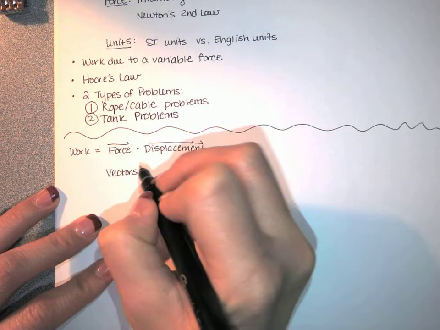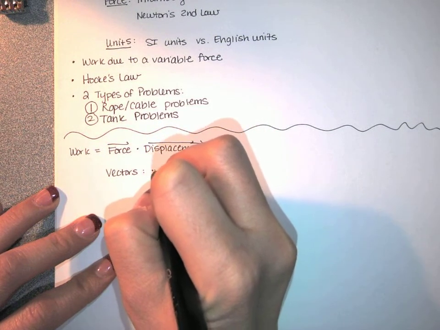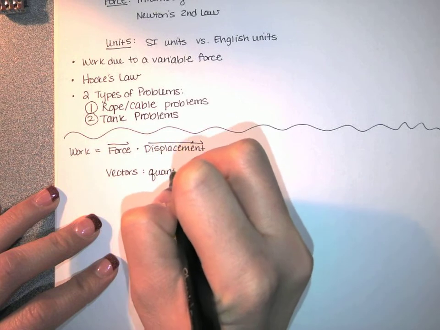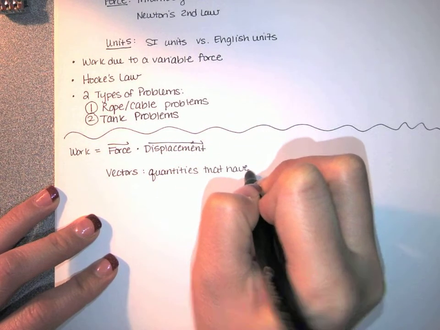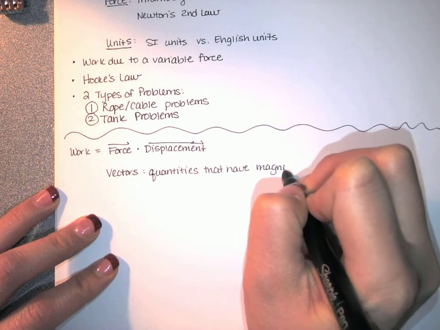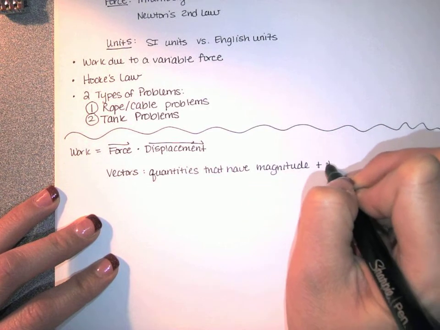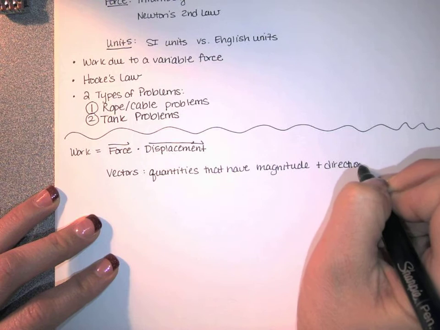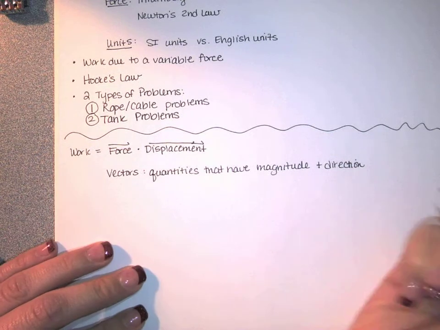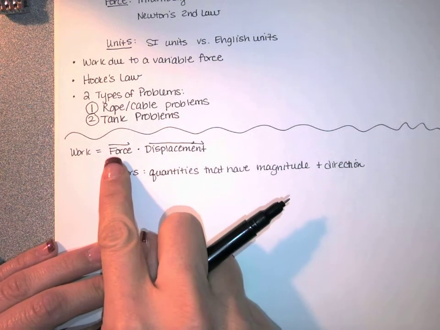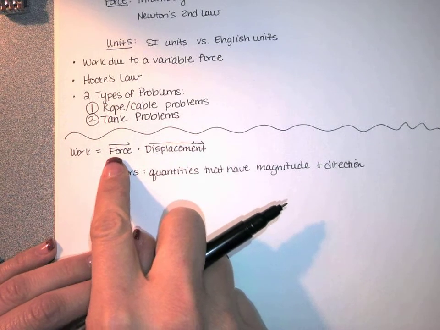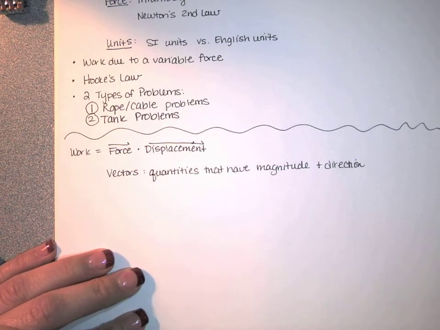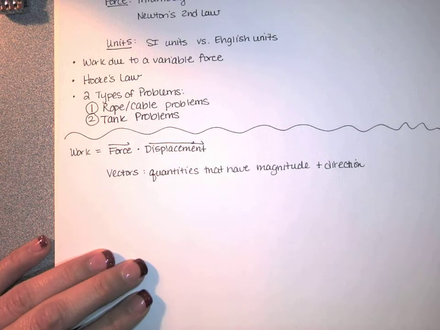They have magnitude and direction. Because if I'm taking a force of a certain amount, like so many pounds of force, and I'm applying it in one direction, it's going to have a different effect than if I'm applying that many pounds of force in a different direction. So the direction matters.